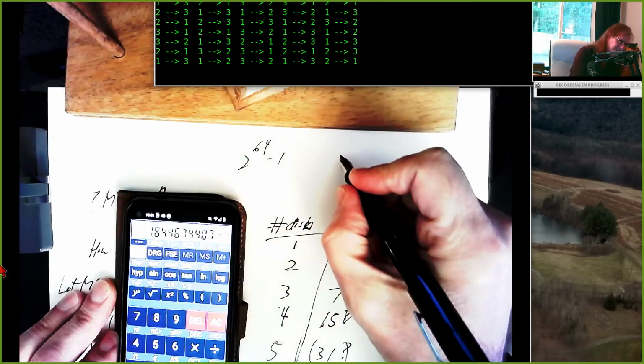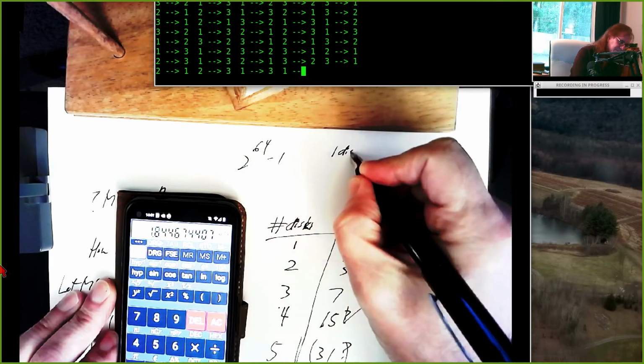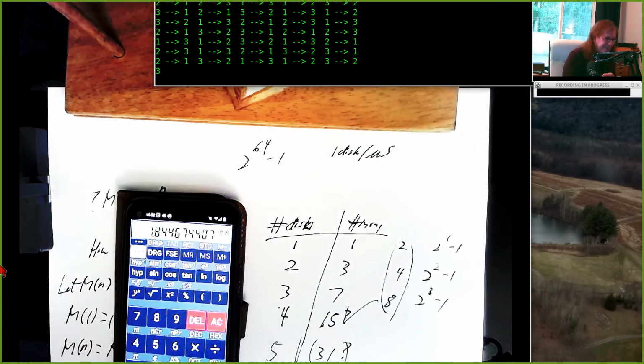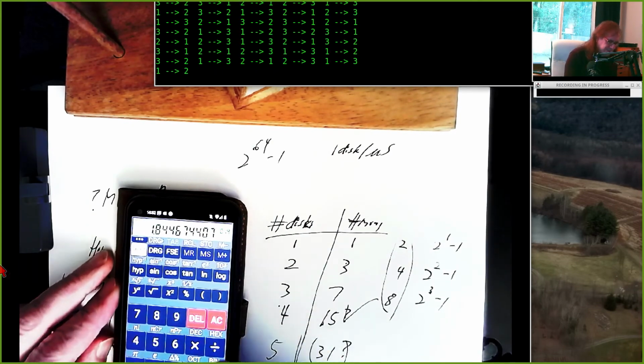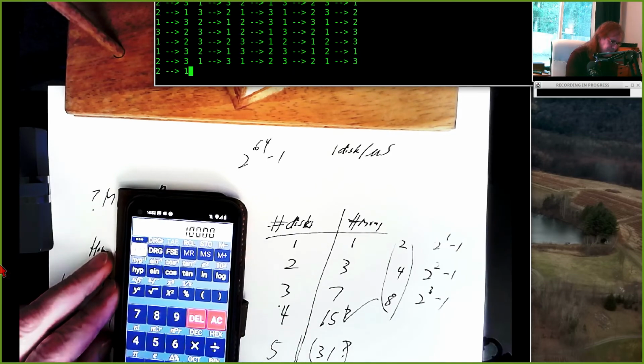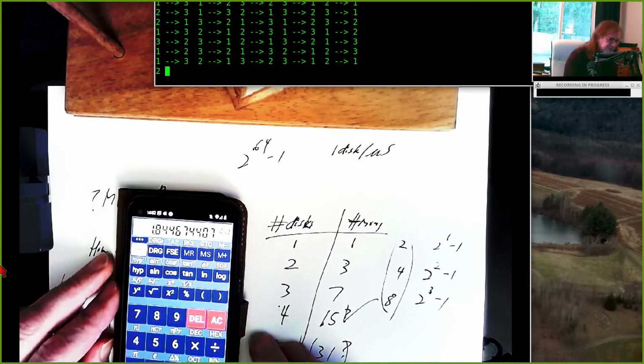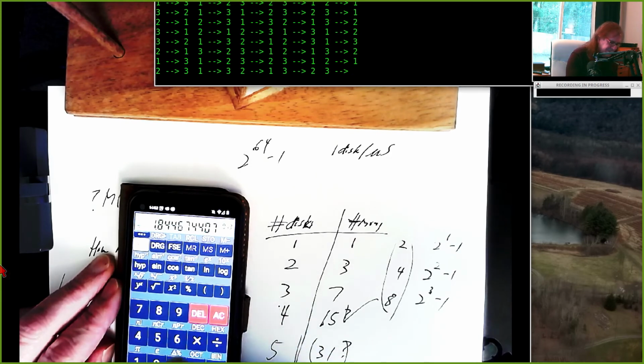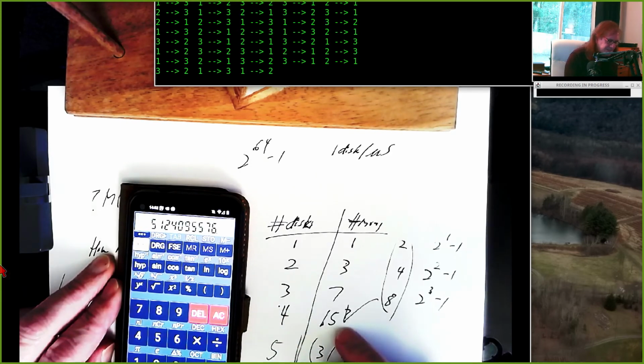If you did 1 disk per microsecond, let's suppose these are really fast monks, right? 1 disk per microsecond, so we would do 1,000,000 moves per second, which means it'll take 10 to the 13th seconds. If you divide by 3,600, it's that many hours.